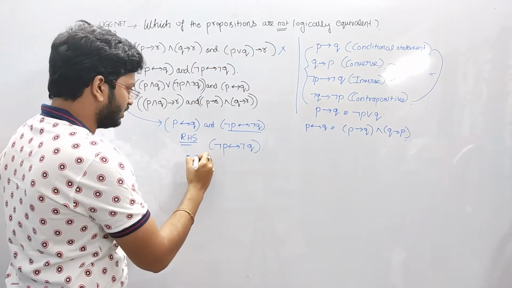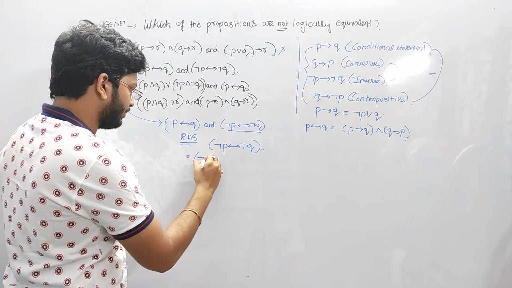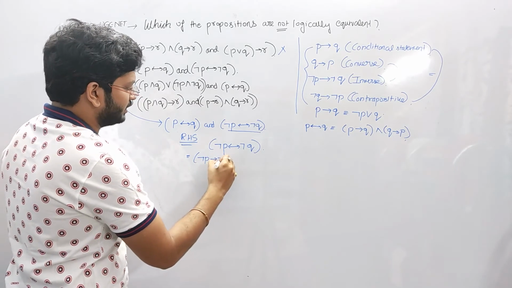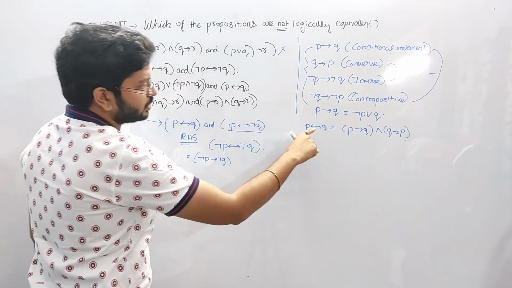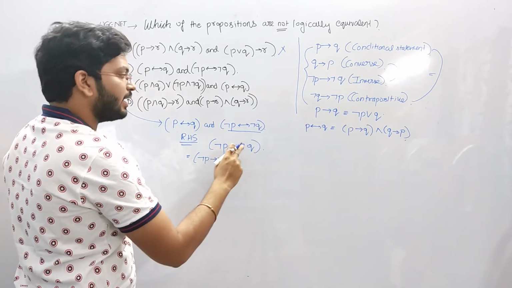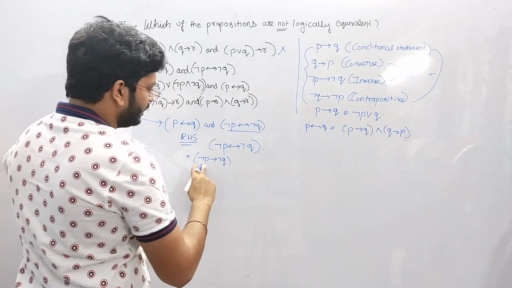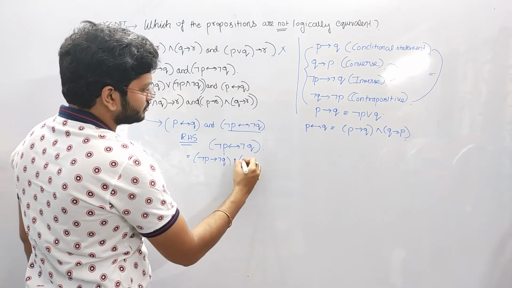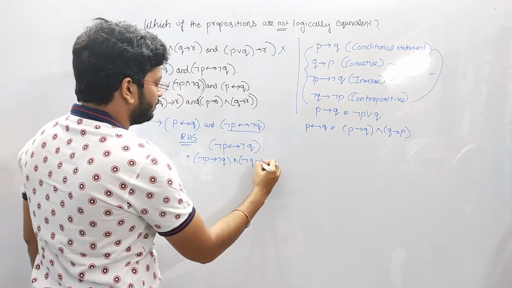This is logically equivalent to P implies Q, since in place of P and Q we have negation P and negation Q. So negation P implies negation Q and negation Q implies negation P.